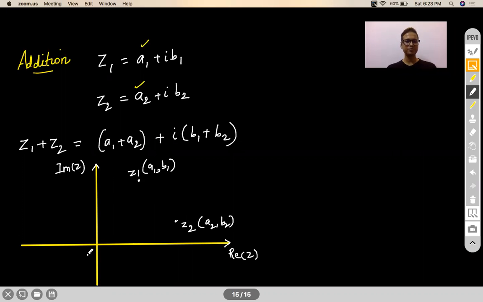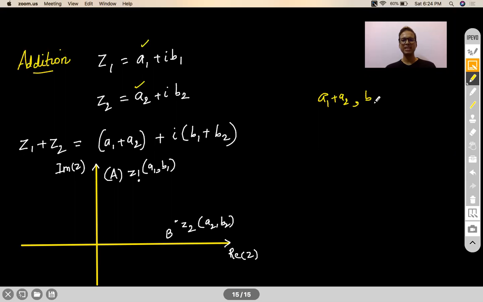Let me name them A and B. Okay. Now, where is Z1 plus Z2 located? That is more important for us to understand because later on we'll get a lot of questions where we need to know the geometry of the problem in order to solve it quickly. So where is A1 plus A2, comma B1 plus B2 located?